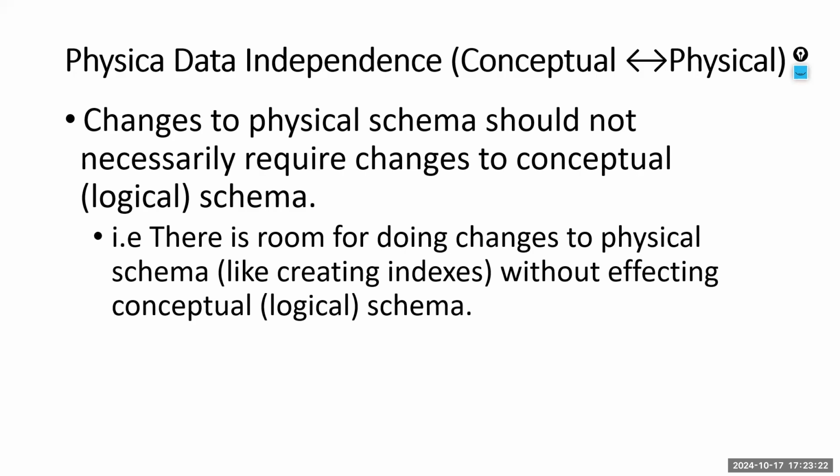Then we discussed the ANSI 3-tier architecture: the physical or internal tier, the logical or conceptual tier, the external or user tier. What are the concepts behind the external tier, the logical tier, the physical tier? Then we looked at what physical data independence is and what logical data independence is. In a way, not a lot of things, just a small set of things, if you have understood it.